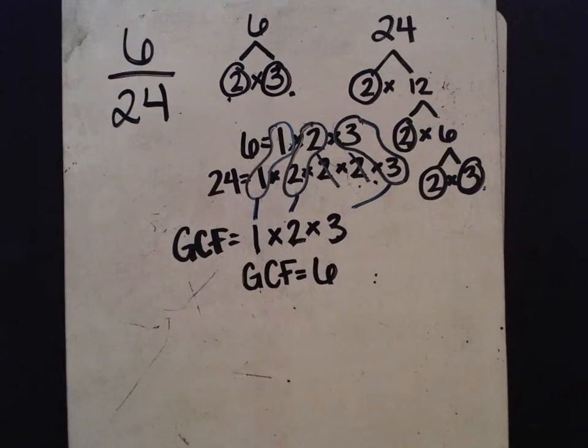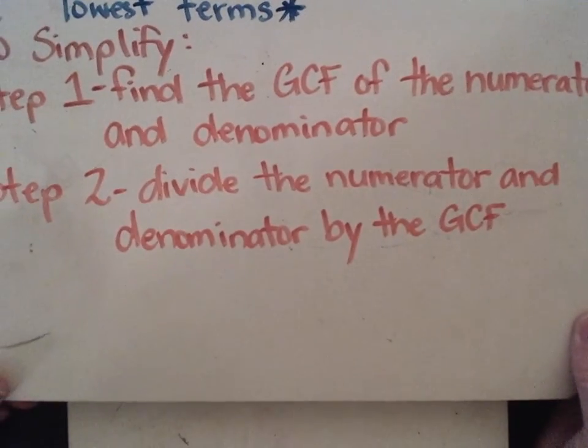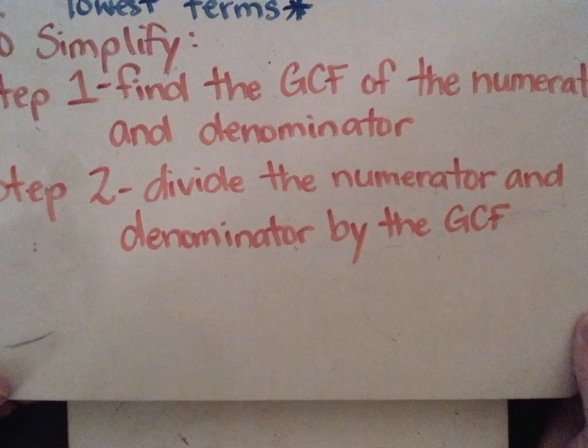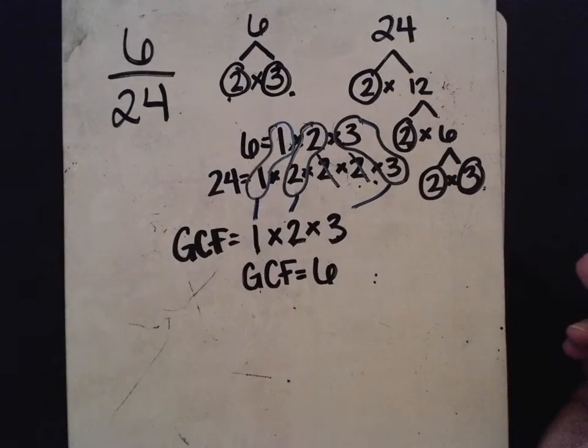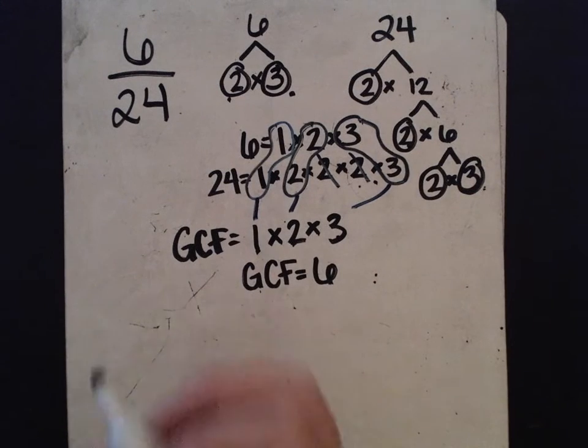Now that I found my GCF, step 2 says to divide the numerator and denominator by the GCF. So in order to write 6/24 in simplest form, now I need to divide my numerator, which is 6, and my denominator, which is 24, by 6.